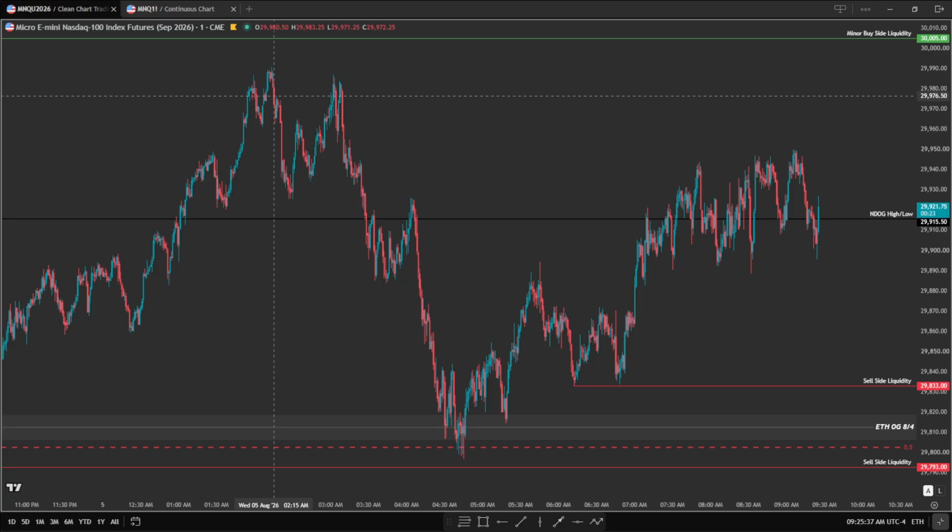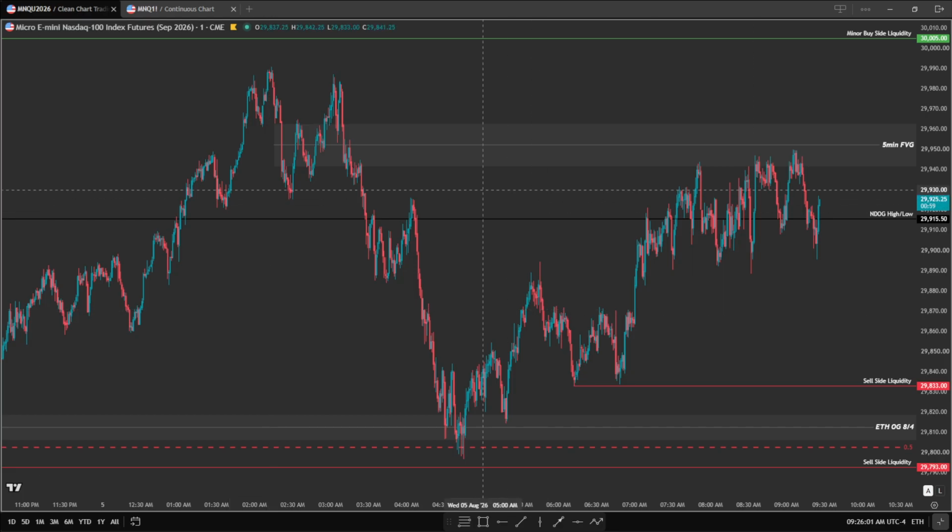Let's see, 71 and a half, 71 three quarters, 38 even, 38 and a quarter. So per value gap, 5 minute per value gap right there, could not reach the midpoint.